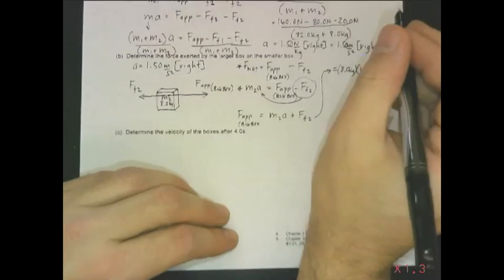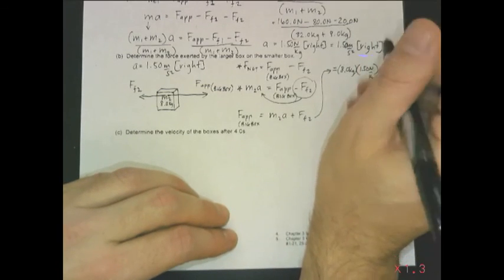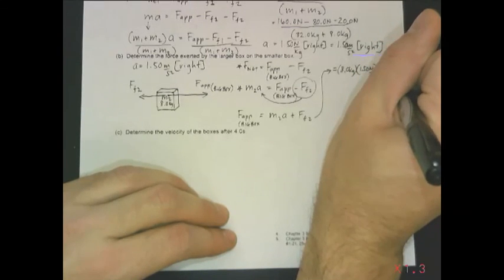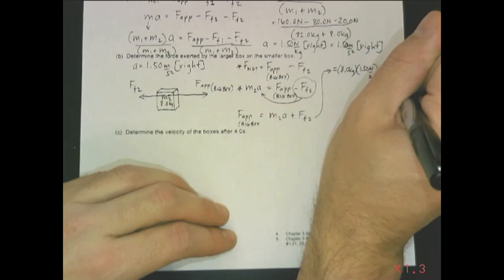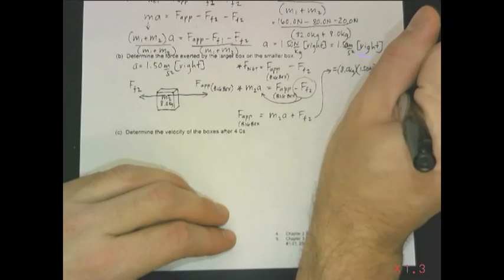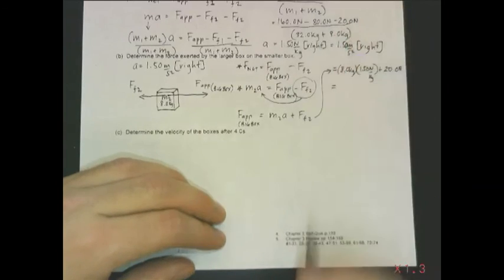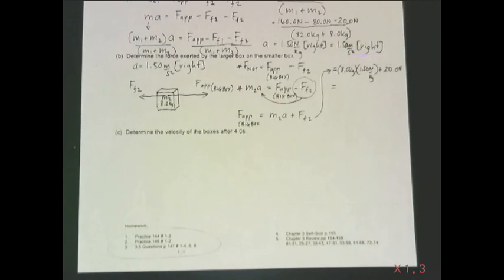And the force of friction is 20 newtons, 20.0. Punch this in and tell me what you get for the force applied by the big box. Anna, what do we get?